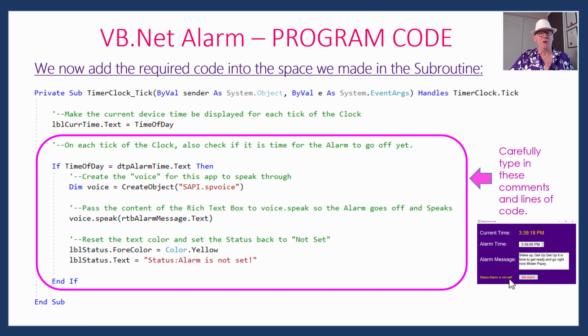Which means the alarm's gone off, so we don't need to have it set anymore. So we need to also do that as part of this processing. That's why we needed the whole 10 lines, because we've been a good boy, and we've also put here the comments so that people can understand exactly what's happening, the internal documentation there in green. That starts with the single quote.